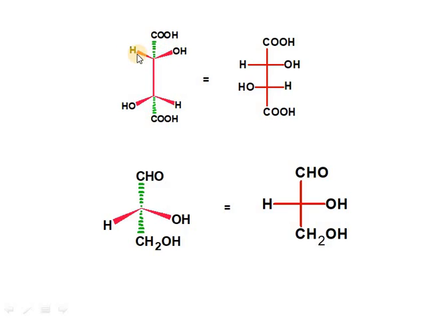So this is left side, this is right side, this is left side and this is right side. Similarly, you can write it in the Fischer projection formula with the COH group at the top, on the vertical line, and hydrogen left, OH right, OH left and hydrogen right-hand side.